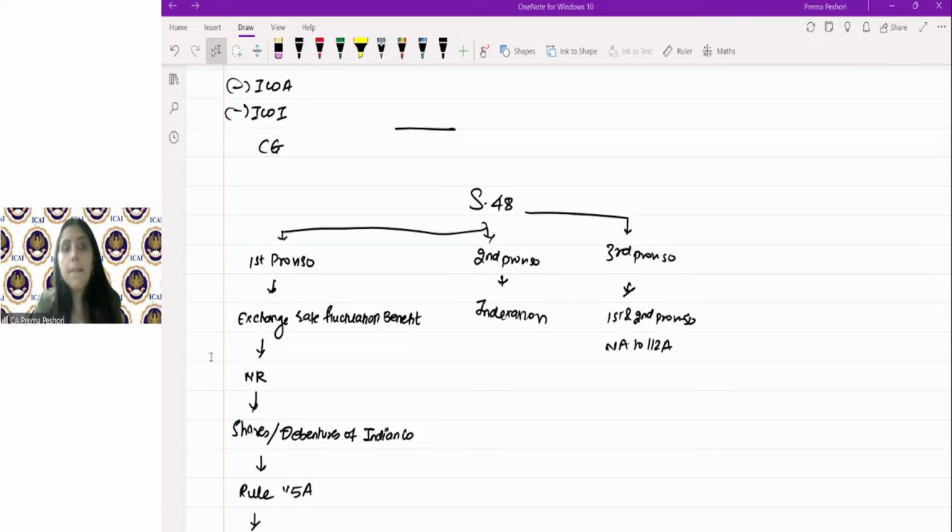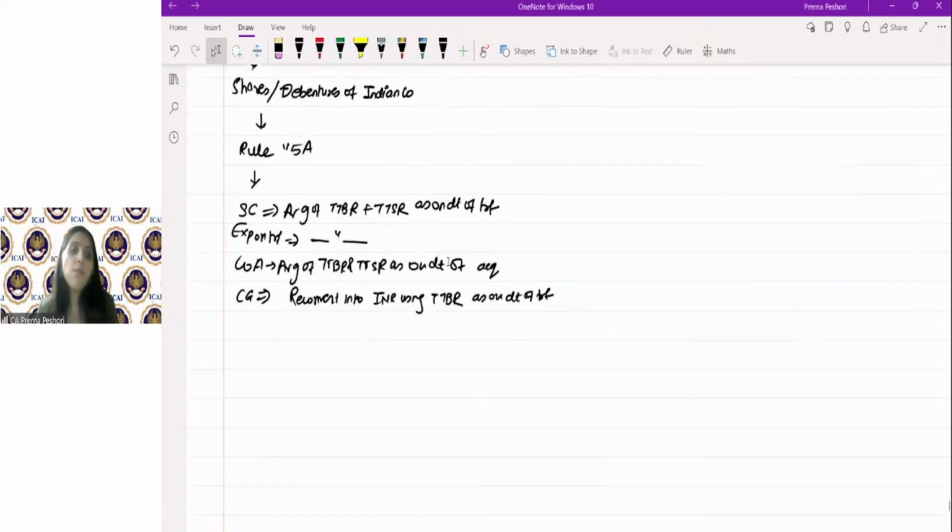Then what about the deduction of the STT? Whether STT will be available? The deduction of STT will not be available here. So section 48 proviso also provides that STT deduction is not available.